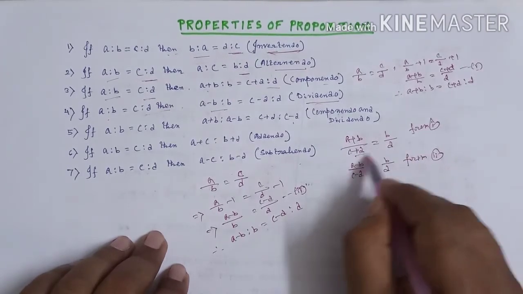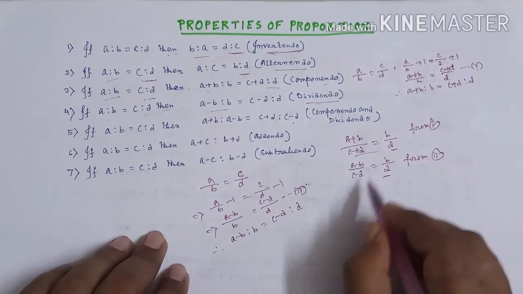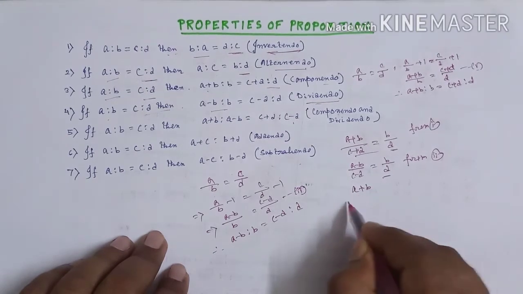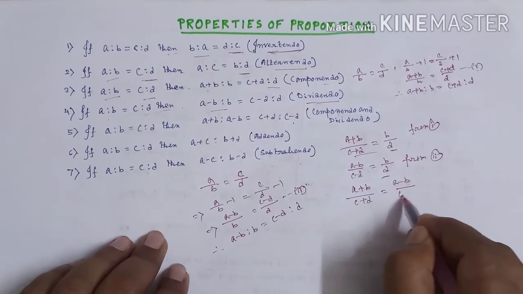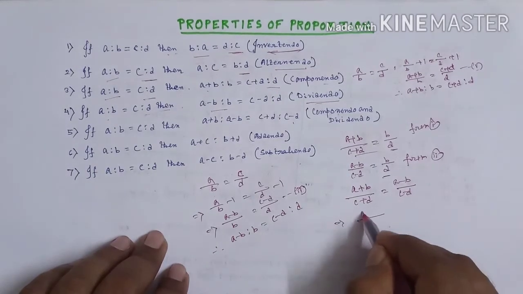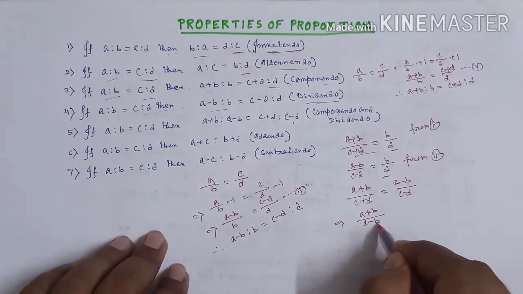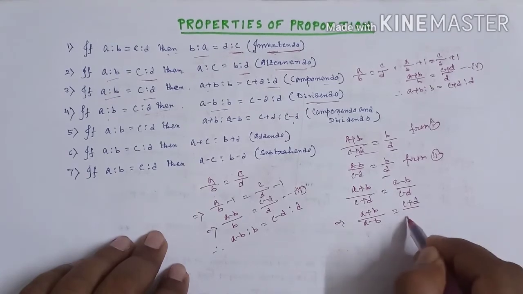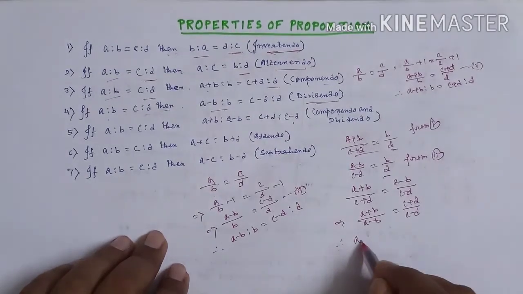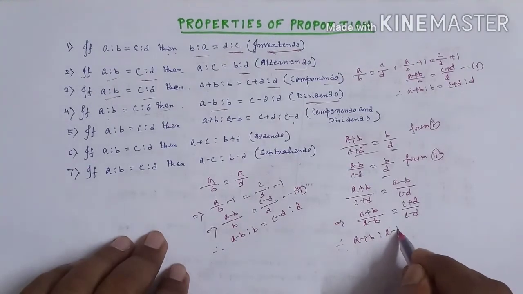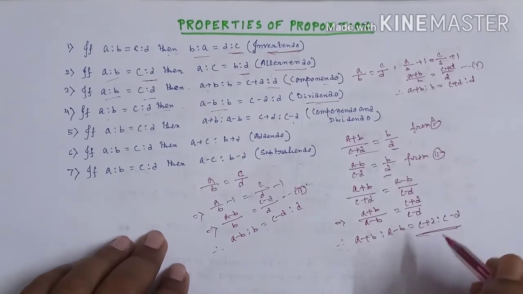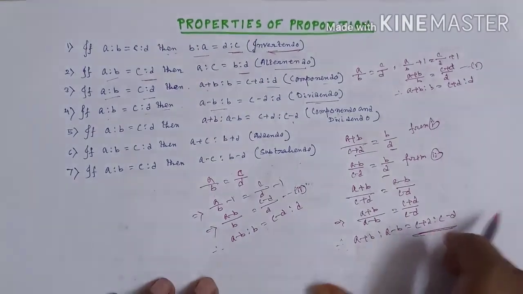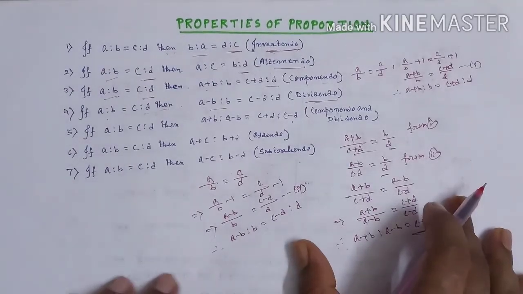So here both are equal to B by D, therefore you can write A plus B by C plus D equal to A minus B by C minus D, that equals A plus B by A minus B equal to C plus D by C minus D. Therefore A plus B is to A minus B equal to C plus D is to C minus D. And this procedure is called componendo and dividendo.